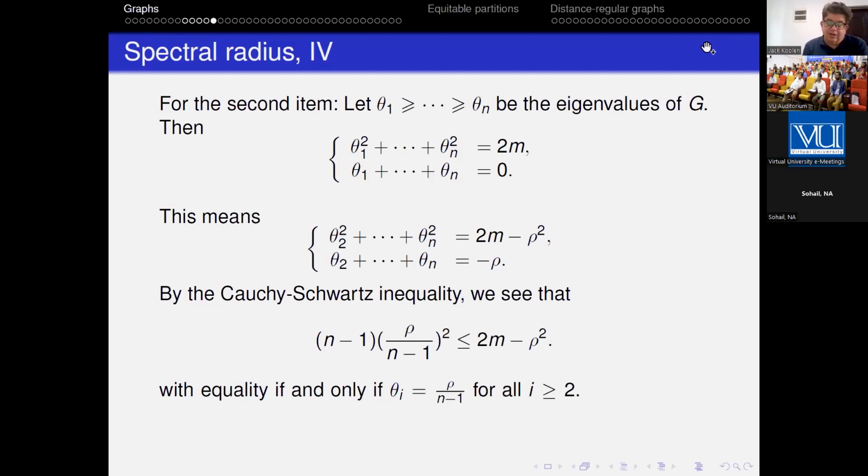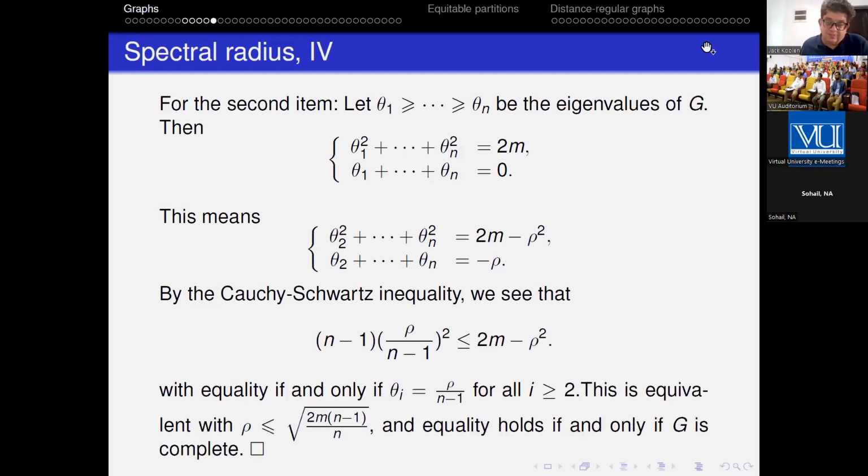And what happens? Equality happens if and only if theta i is minus rho over n minus 1, and it's not difficult to see that a graph with two distinct eigenvalues must be complete. And this inequality is equivalent with rho is at most the square root of 2m times n minus 1 over n.